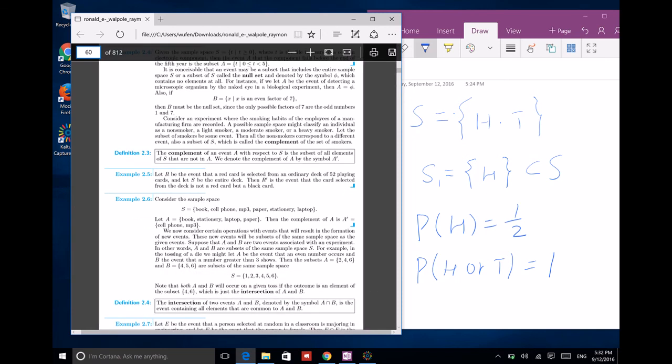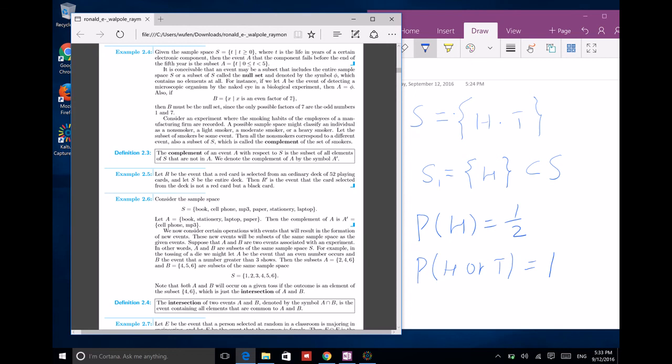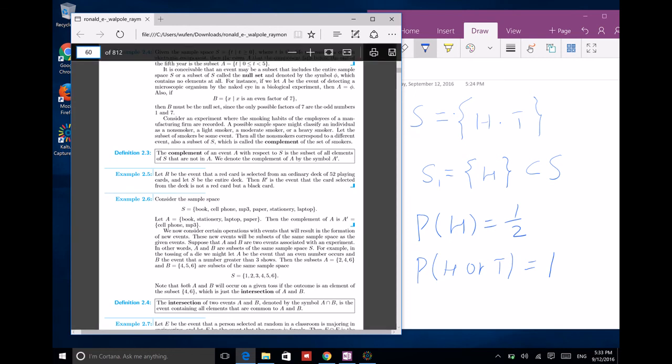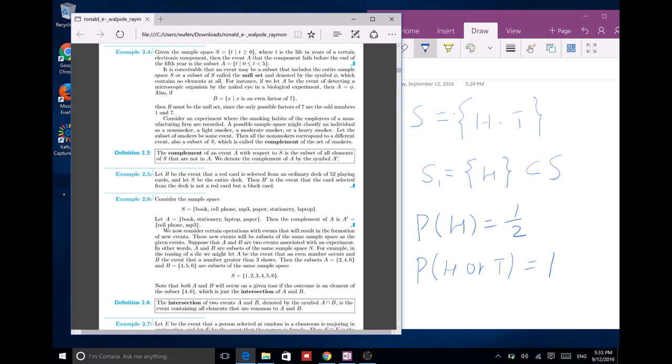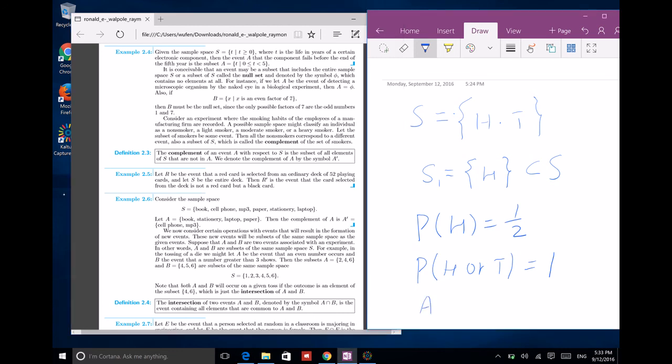Okay, let's continue. A complement of an event A with respect to S is the subset of all elements of S that are not in A. Taking the coin example, if the event A is head, then not head should be tail.